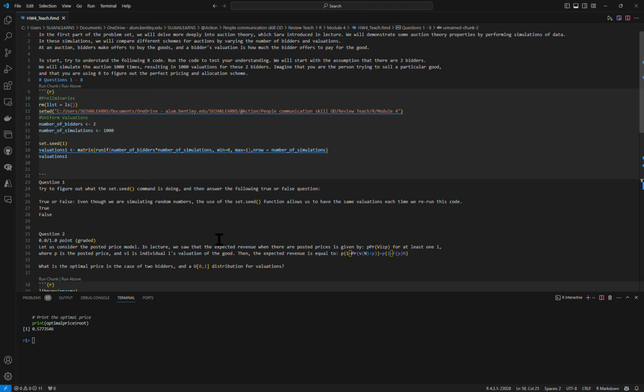And we talked about the seed and why it's important when we run this kind of code. Then in question number 2, given a formula for expected revenue, we used it to get the optimal price when we are putting some item up for bidding, and we implemented that in R, and it gives a price of 0.577.